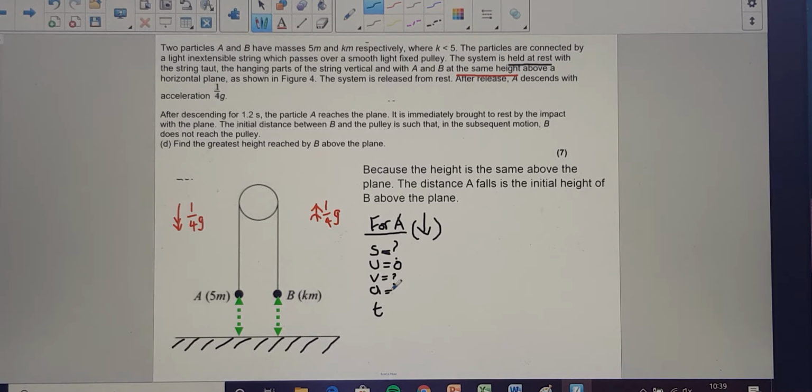My acceleration downwards is 1/4 g. And luckily in my question, they told us that it descended for 1.2 seconds. So let's think about what we have and what we want. We want s, and we have the initial velocity, we have a, and we have t. Let's think about our SUVAT equations. The one that I want is s equals ut plus 1/2 at squared.